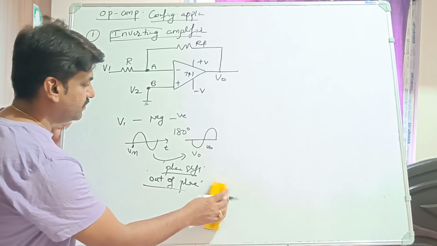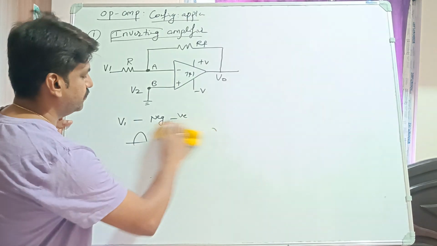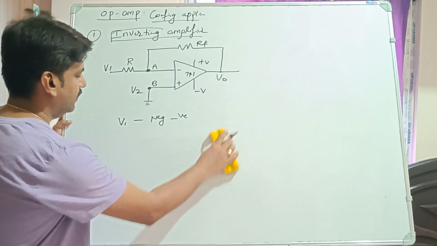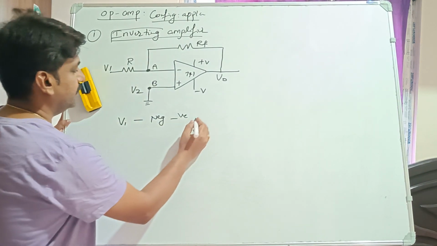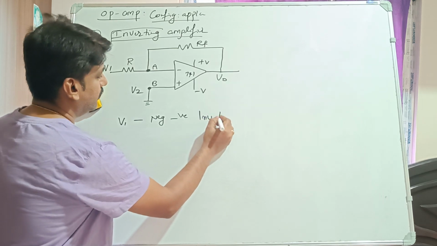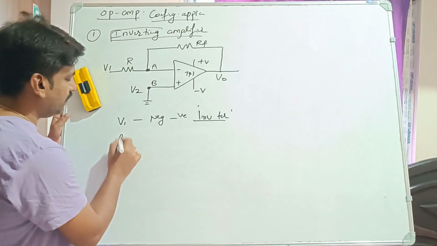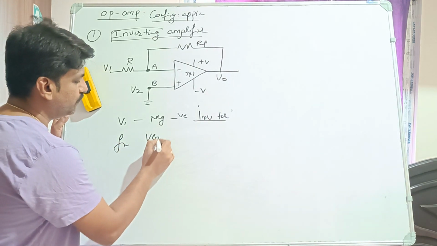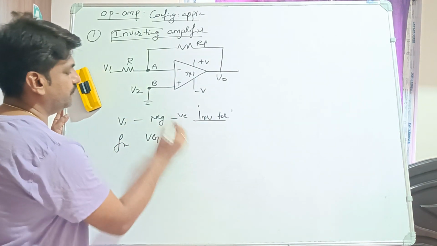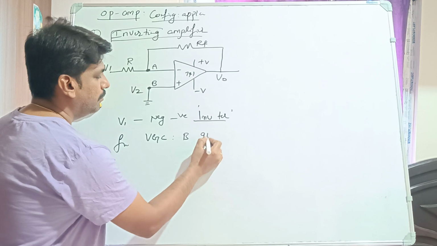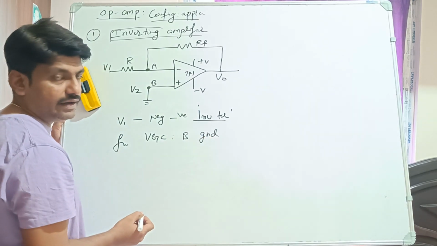For that, we will consider the same concept we considered earlier. So it is the inverting terminal; input is given at the inverting terminal. From the concept of virtual ground, B is at ground potential, right?